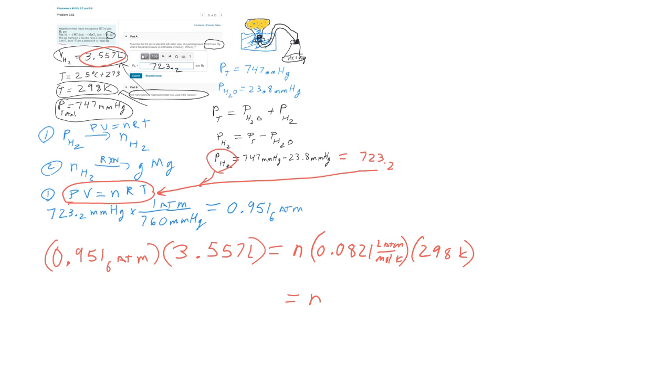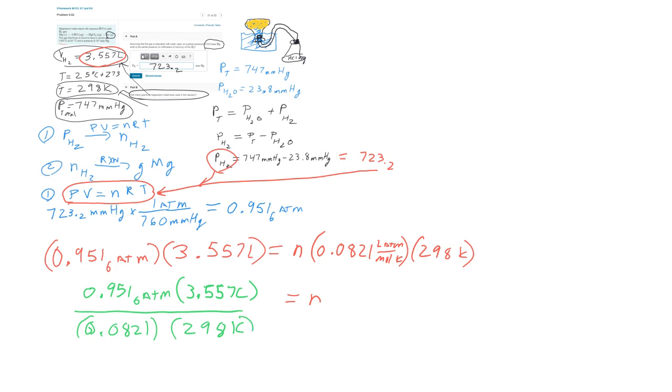Switch colors just to avoid things getting a little bit messy. 0.9516 atm times 3.557 L. I'm sorry, my son looked at my lectures to help with a class that he's taking, and he said my lectures looked like a rainbow had a car wreck, because I'm always switching colors.